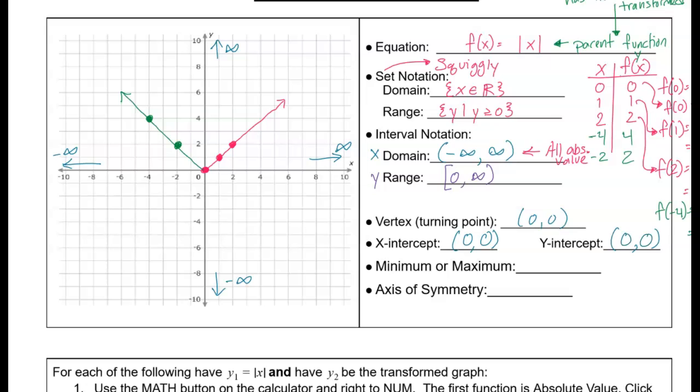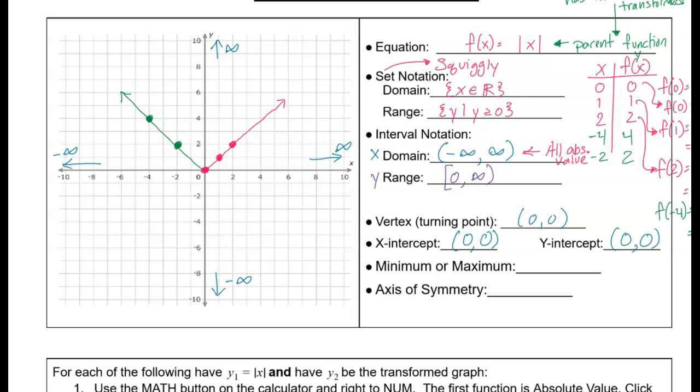Now here is a concept that I am always shocked that students don't quite understand this. So I'm going to slow down and take my time explaining this. We need to know whether or not each one of these graphs has what is called a minimum or a maximum.